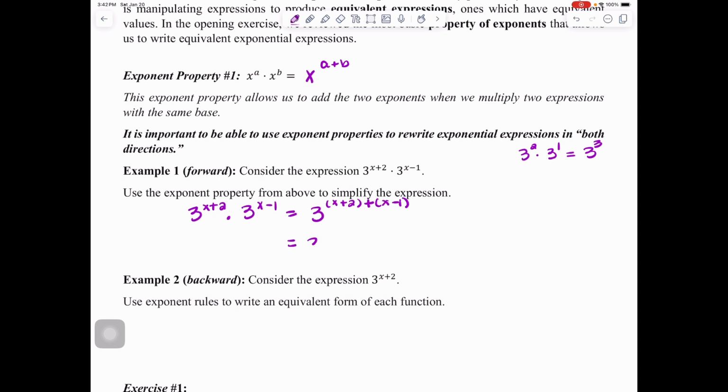So this is going to be 3 to the, and then you're going to use your old polynomial skills and combine like terms. We have an x and an x, which would make 2x, and we have a 2 and a negative 1, which would make positive 1. So this would be our answer, 3 to the 2x plus 1. Same exact exponent property rule that we are used to, just having expressions in the exponent position instead.